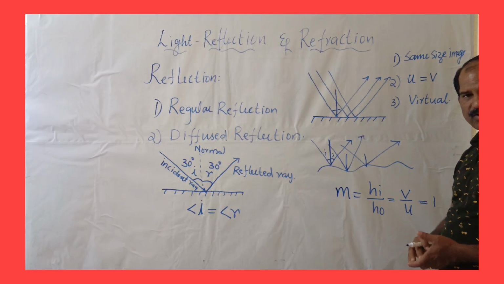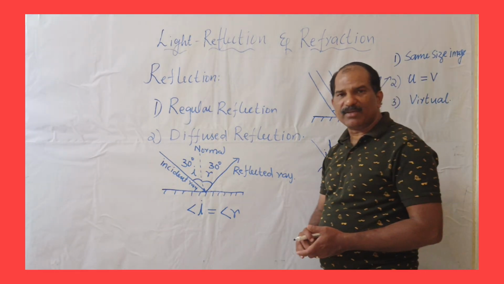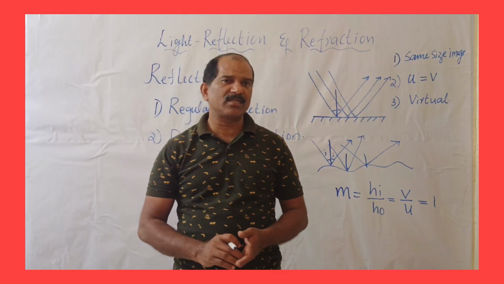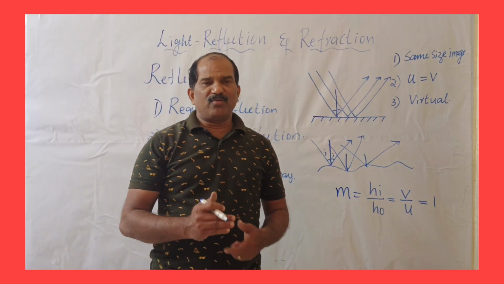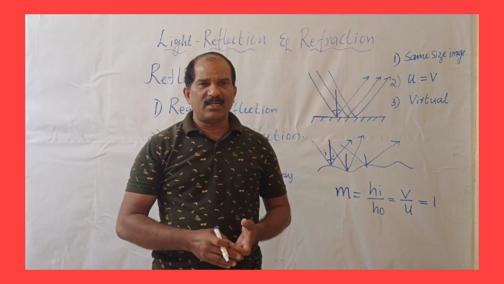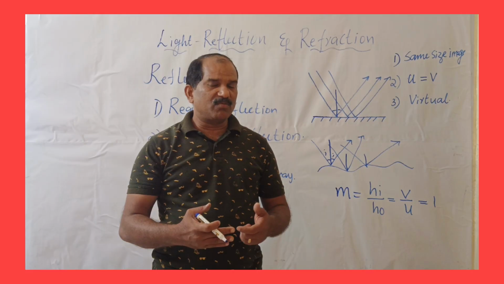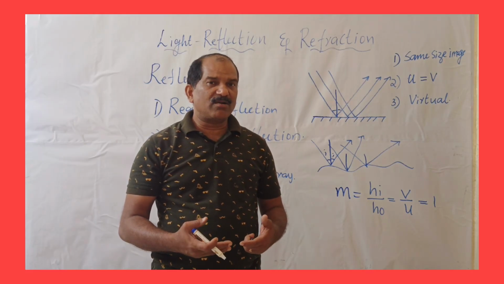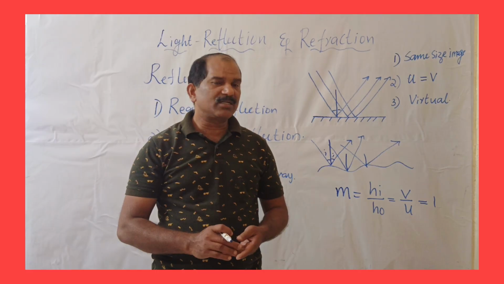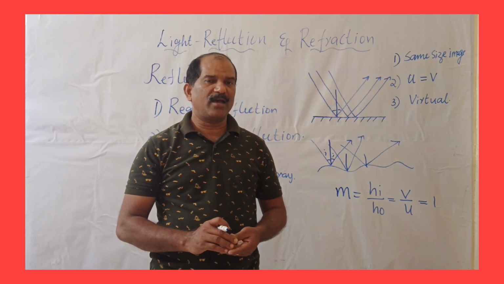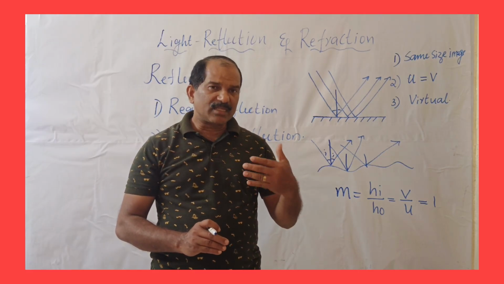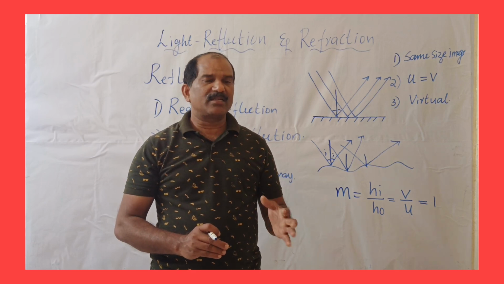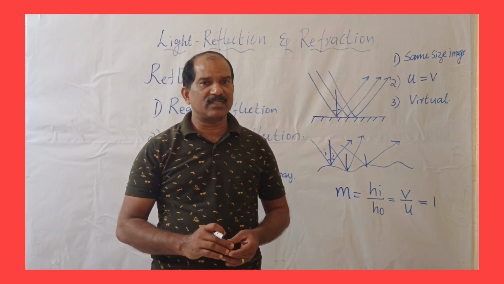What does virtual mean? Many students have this confusion. What is the meaning of a virtual image and a real image? Nothing to worry. You may be watching movies, isn't it? You are watching the movie on a screen. The image which you get on a screen is called a real image, and the image you see directly in the mirror or lens is called a virtual image.